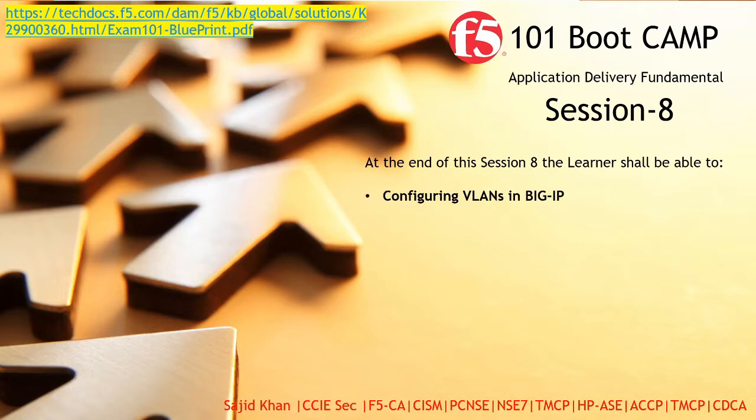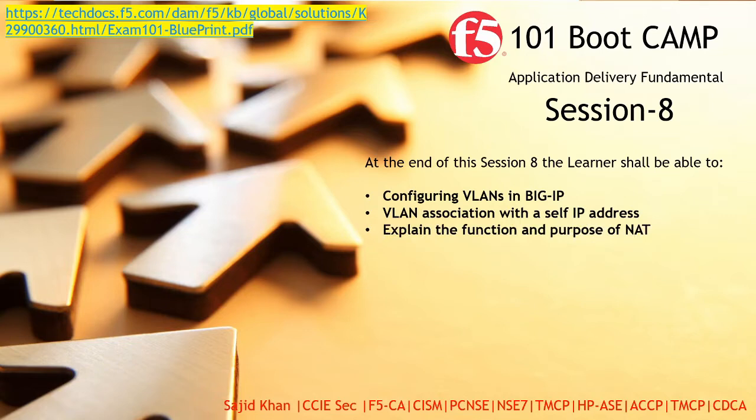So in this session we will discuss how to configure a VLAN in BIG-IP and how to associate a VLAN with self IP addresses. What is the purpose of NAT and what are its functions? We will discuss different types of NAT, like static NAT, source NAT and dynamic NAT, which is a very important part of an application delivery controller.